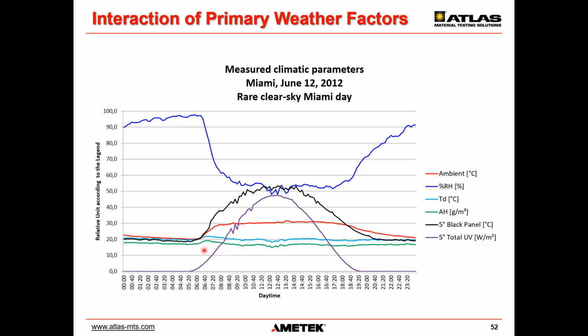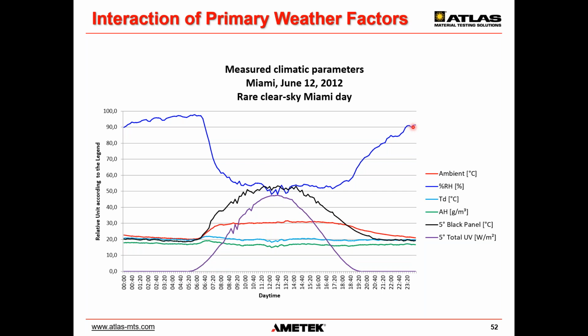Following that is the air temperature shown in red here, and the black panel temperature shown here in black. And yeah, a relatively warm day, 50 degrees black panel, 30 degrees air temperature. If you look at the relative humidity, it's close to saturation at nighttime, getting to 50% during daytime, and then back to close to saturation at nighttime.